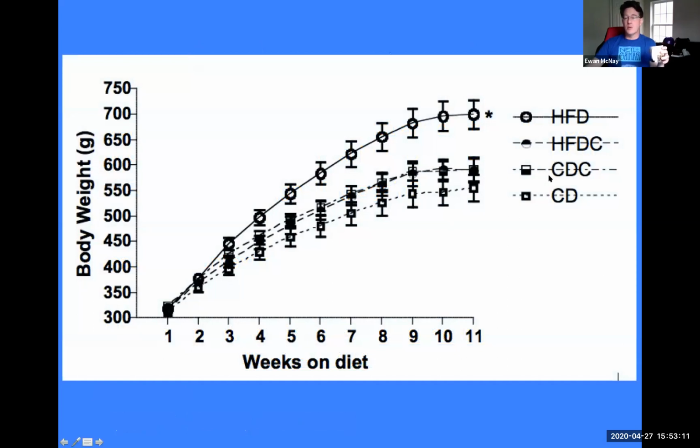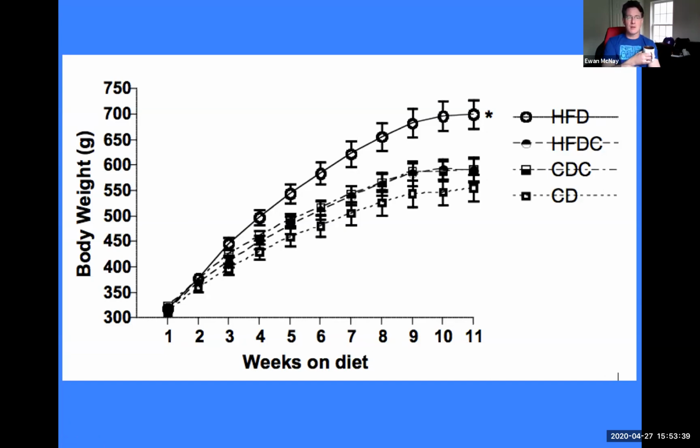So we had 4 groups of animals: control guys, control with caffeine, high-fat diet, and high-fat diet with caffeine. And what you see is the animals that got the high-fat diet, as you would expect, gained much more weight. And if you look at their fat pads, those were also markedly increased. But the animal group down here that you can barely see is high-fat diet with caffeine. So this is once weekly administration of caffeine to these rats.